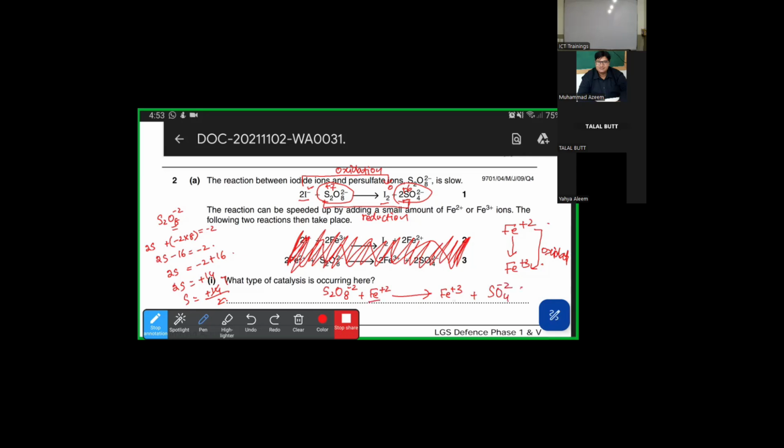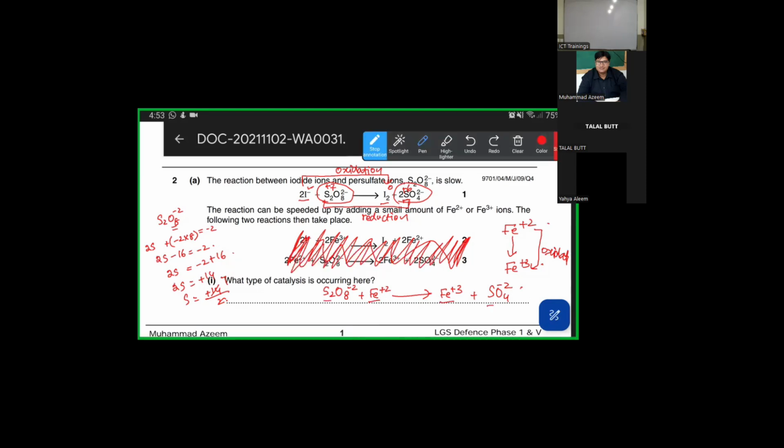Because this one is oxidized, this one is reduced. Now this Fe3+ formed would react with the thing which is oxidized, I-, to form Fe2+ and I2. So if you look, this thing is used up here and is regenerated up here.